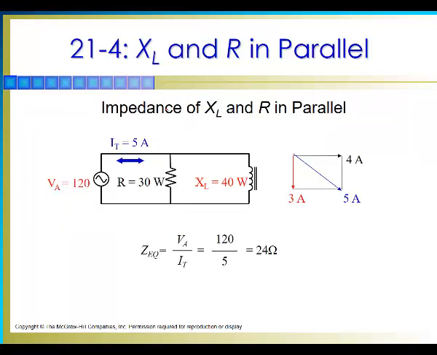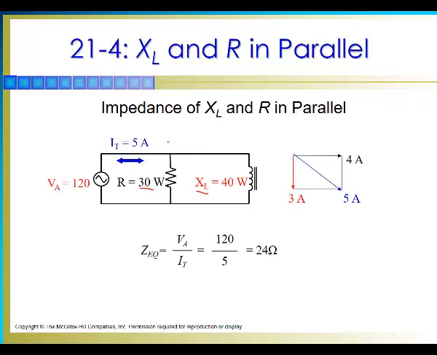Now the total impedance on the RL circuit that is in parallel, resistance with inductors. We know that the resistor has resistance, and the inductors have reactance.